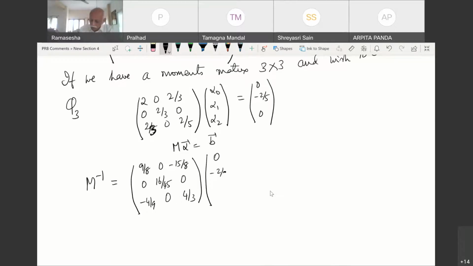So what I'll get is M inverse. So for alpha, I'll get the following. Alpha 0 is 0. Alpha 1 is equal to minus 3 by 5.